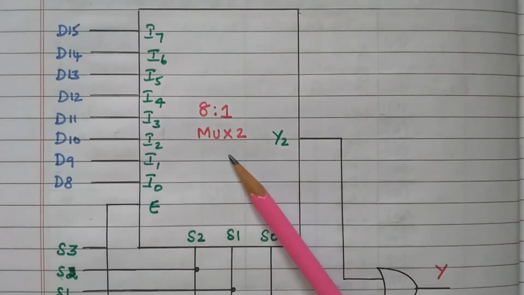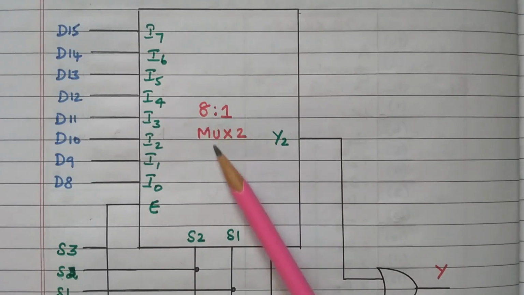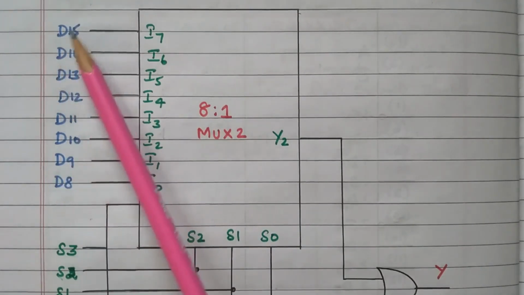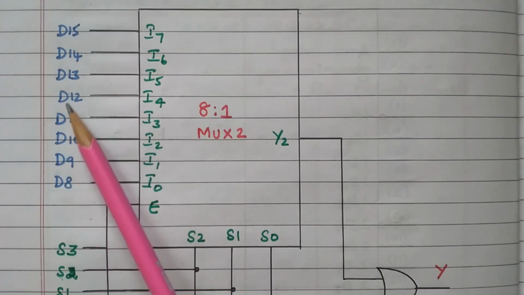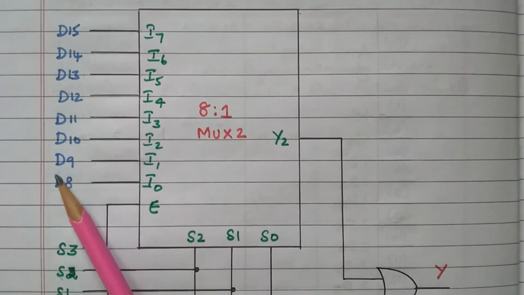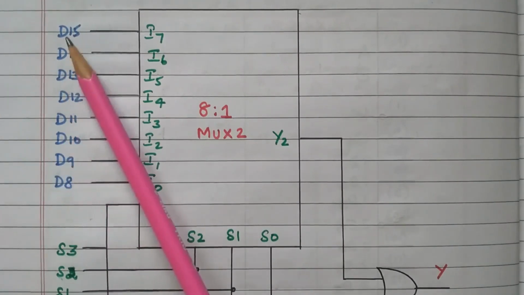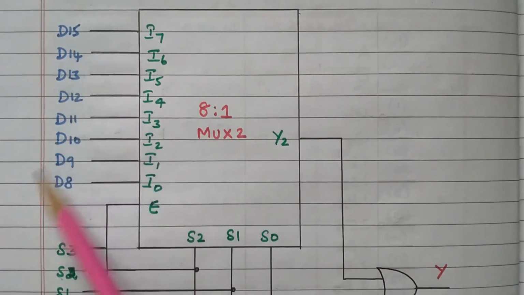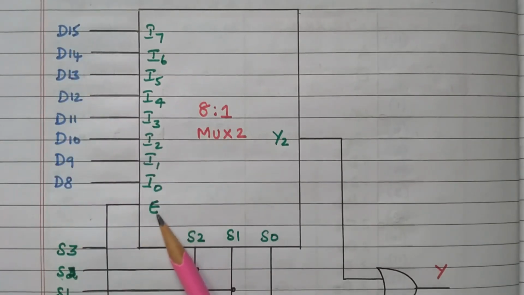So this is the first multiplexer, 8:1, and the second multiplexer, 8:1, mux 2, that has the MSB data, available from D8 to D15: D8, D9, D10, 11, 12, 13, 14, 15, right? So we have 16 inputs available. Out of these, 8 inputs are connected to the mux 2, starting from MSB. So this is the enable line.